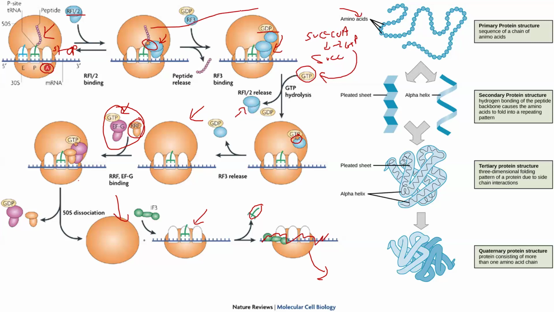The nascent polypeptide can then follow the steps of folding that we talked about. So nascent polypeptide, primary structure, beta pleated sheet and alpha helix, secondary structure, tertiary structure, with three-dimensional folding of helices and beta pleated sheets on top of one another, and then eventually quaternary binding in what we consider to be the active, or potentially activated, form of the protein.